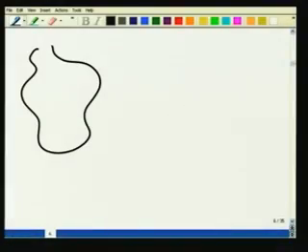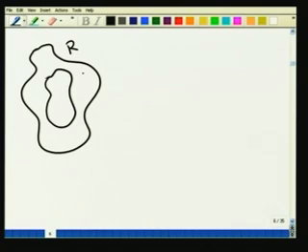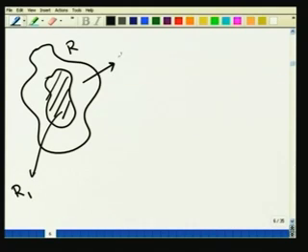In order to do that, let me consider a volume in a certain region R, and now I will split this region R into two regions. There will be an internal region and an outer region. The internal region I will call R1, and the outer region surrounding it will be called R2.